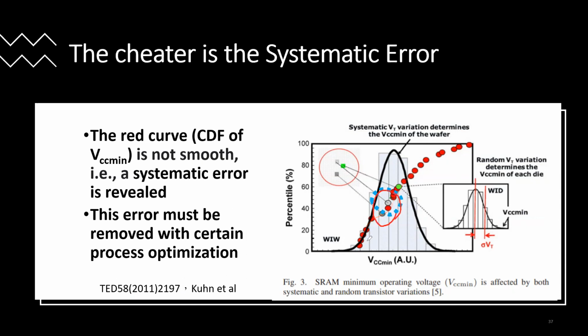This is where the Q plot shows you there is a defect mode that you don't know. A defect mode is a systematic error. A cheater is a systematic error. And it needs to be removed to go back to the right place.